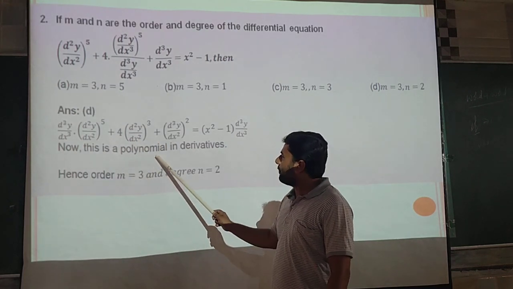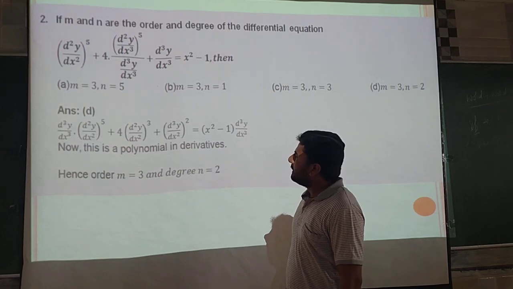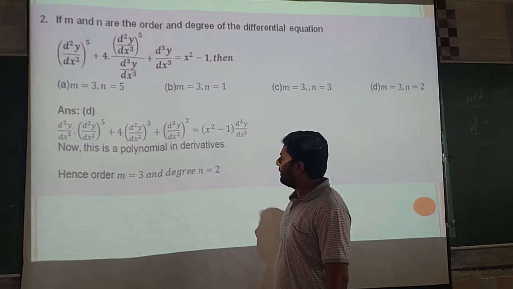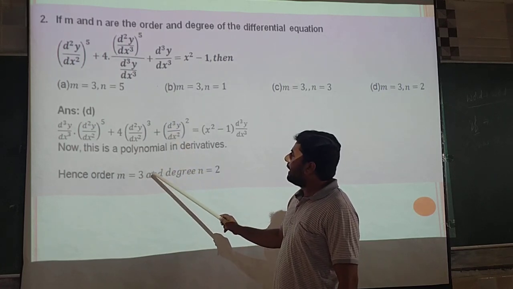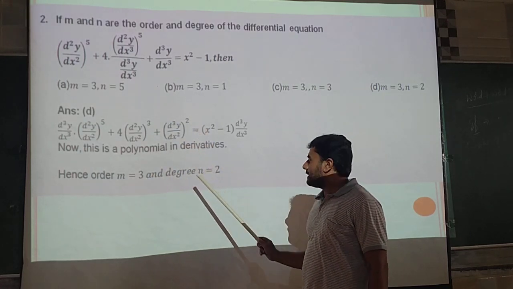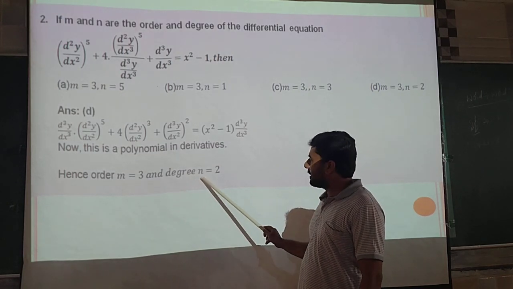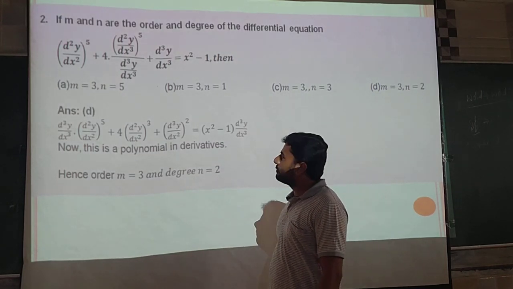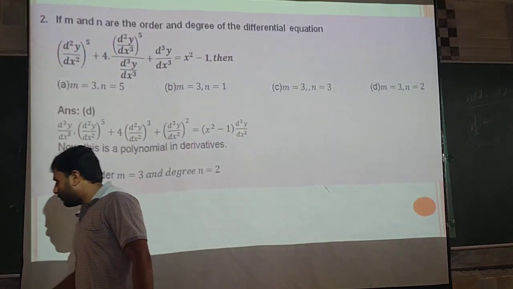Now this is a polynomial in the derivatives. The highest order derivative here is d cube, so the order is 3, and the power is the degree, which is 2 here. So the order of the differential equation is 3 and the degree is 2. Hence option B is the correct answer: m is equal to 3 and n is equal to 2.